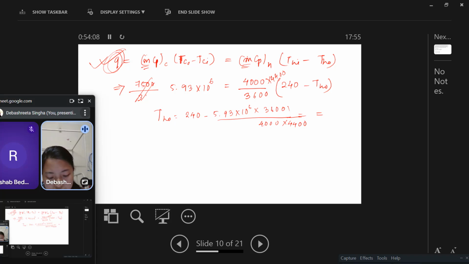I'm just writing directly. The temperature of the outlet of hot fluid is this, 118.7 degrees Celsius. You should get this.